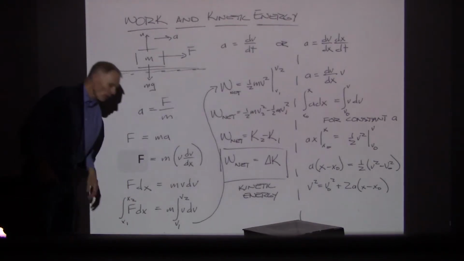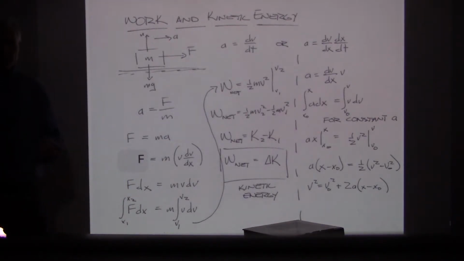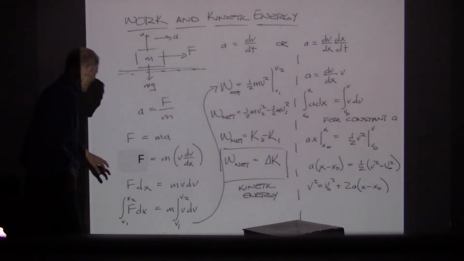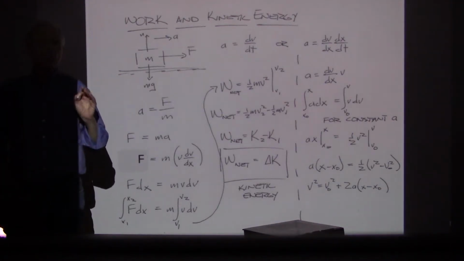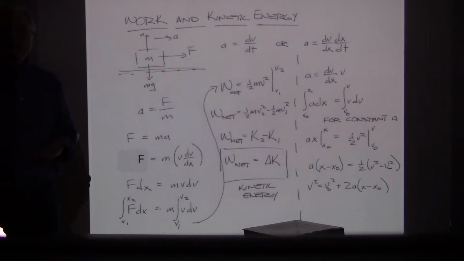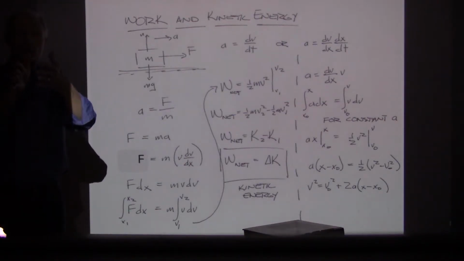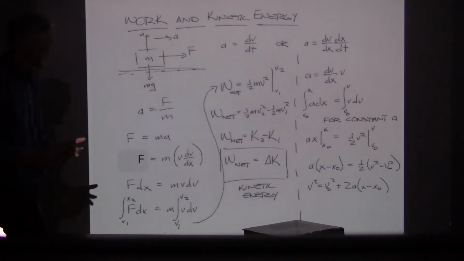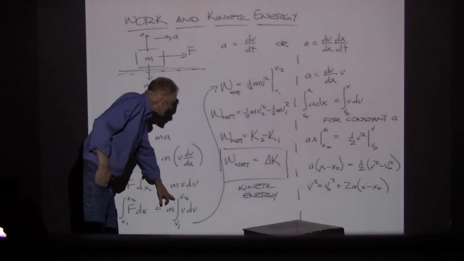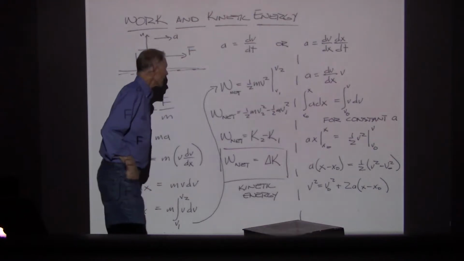I can integrate all of the F dx's together on the left side, and I'm realizing now, oh, the left side of that equation, that is energy transfer. So what we have over here on the left side represents little bits of energy transfer all integrated together. Little energy transfer, little energy transfer, little energy transfer. We add it all together by taking an integral. What's that equal to on the right side?